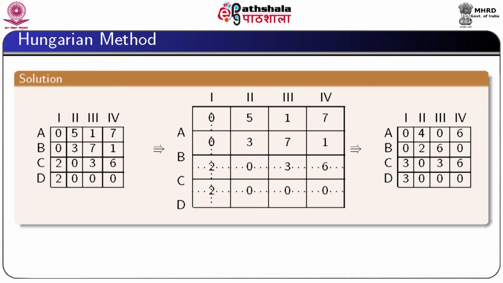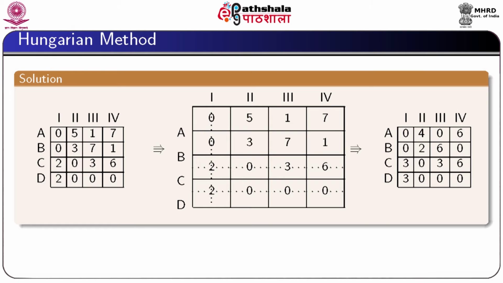Now, in the second table, we draw the least number of horizontal and vertical lines covering all the zeros. We see that to cover all the zeros, we need only 3 lines, but since the number of horizontal and vertical lines is not equal to the order of the matrix, the optimality condition is not satisfied. So, we proceed to the next step.